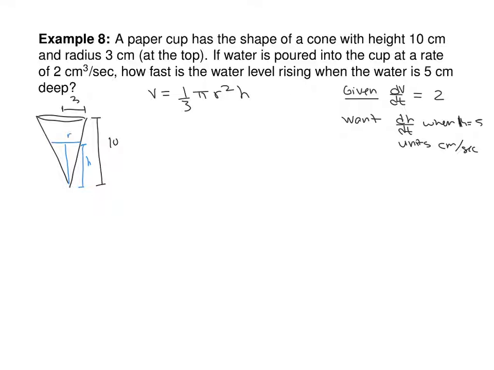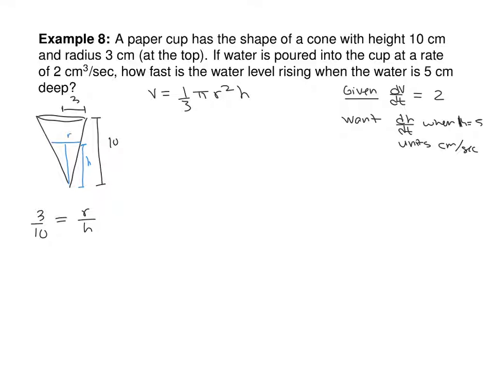So now the problem is, if you're going to differentiate this, right now you have to use the product rule, and that could be avoided if you're clever. It's really common in this case that you use similar triangles to figure out what the R and the H are. Do you see the relationship? 3/10 equals R over H. That's just basic geometry, right?